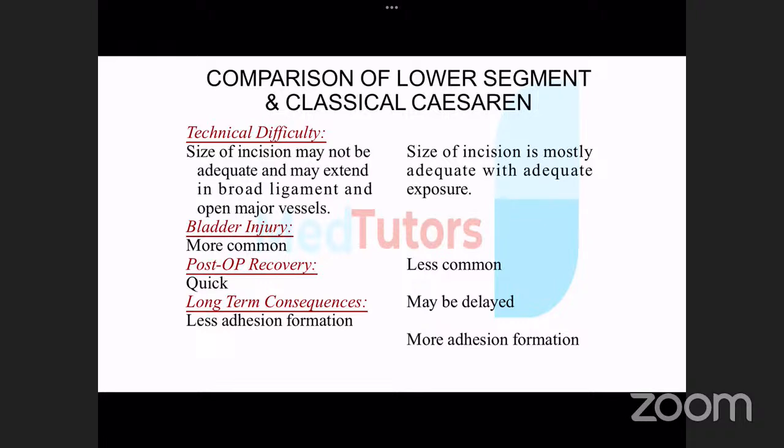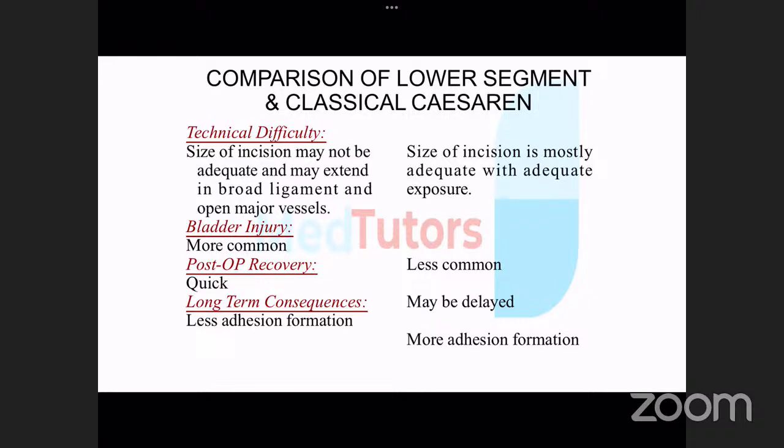In the process, you may also open a vessel, extend into the broad ligament, or even open the uterine arteries. Again, this is less likely with the classical cesarean section because there's more exposure. The risk of bladder injury is more with the lower segment incision compared to the classical incision.